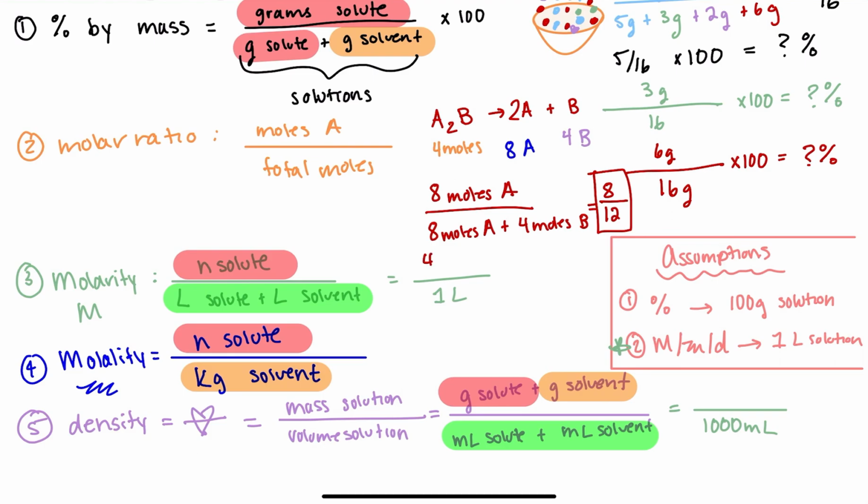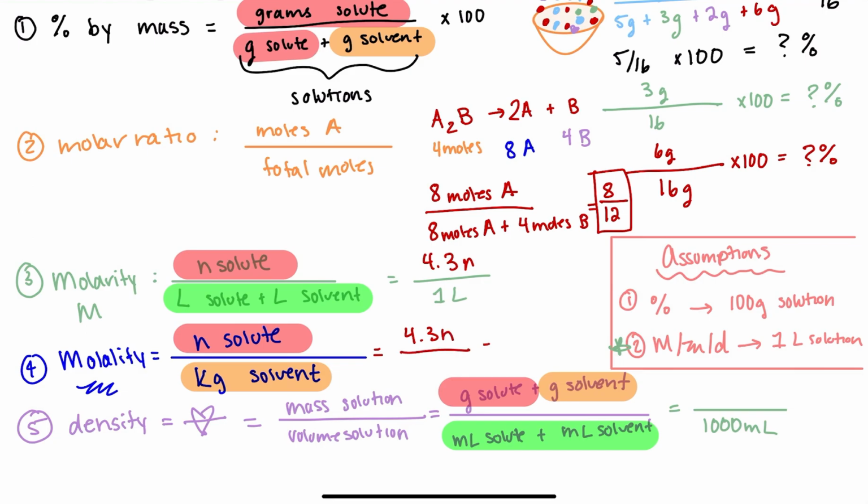So if you're given molarity in a problem, let's say molarity was given to you and they tell you that it's 4.3, you technically know the amount of moles of solute that you have, right? If we know molarity is 4.3 and we're assuming 1 liter, then we can say we have 4.3 moles of solute. If we have 4.3 moles of solute, that can also be applied to molality, right? 4.3 moles of solute, right?